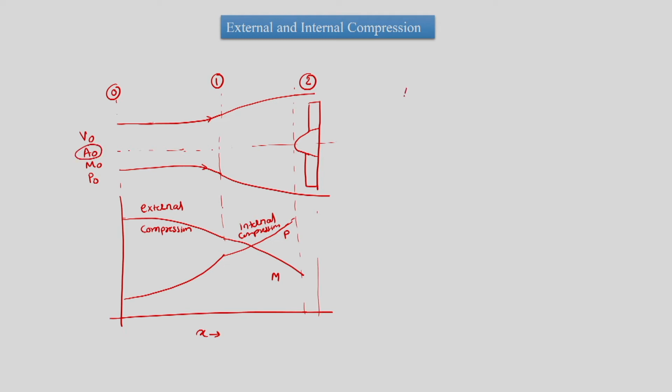We can know the area Mach number relation, and then we can write down the expression for A naught upon A1 is equal to M1 upon M naught into [1 plus (gamma minus 1) by 2 M naught square divided by 1 plus (gamma minus 1) by 2 M1 square] bracket raised to (gamma plus 1) upon 2 into (gamma minus 1).